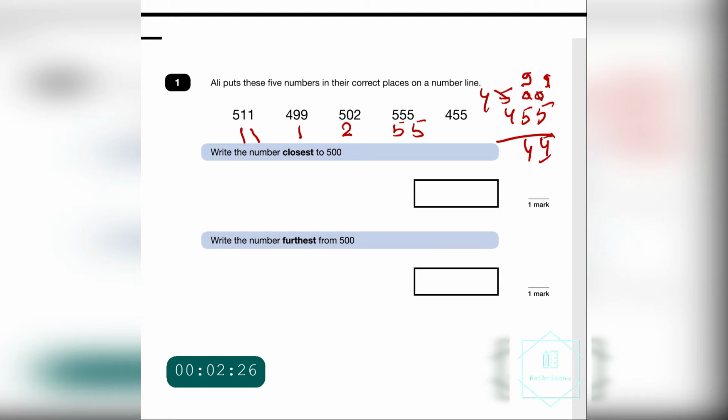So the minimum, closest difference is 1, which means that's the closest number. And the maximum difference is 55, so that's our furthest number. Okay, easy peasy. Let's move to the next question.